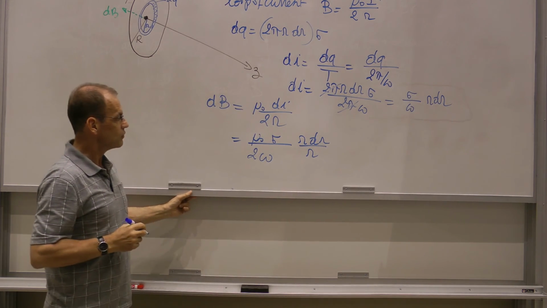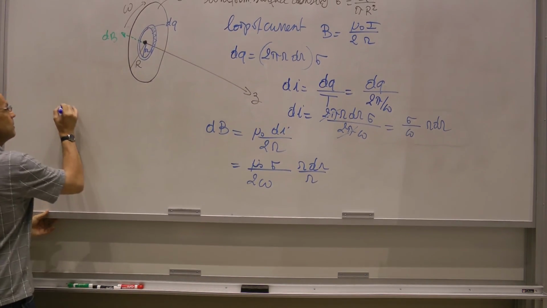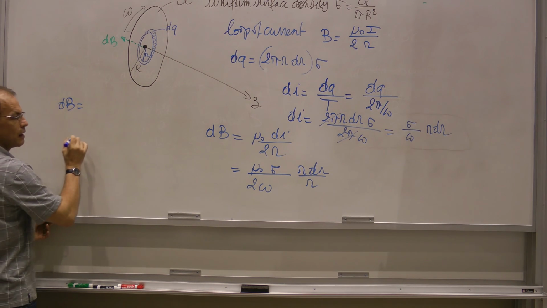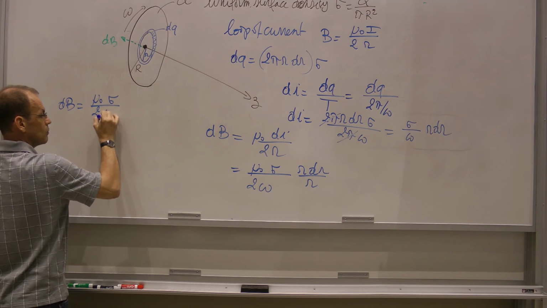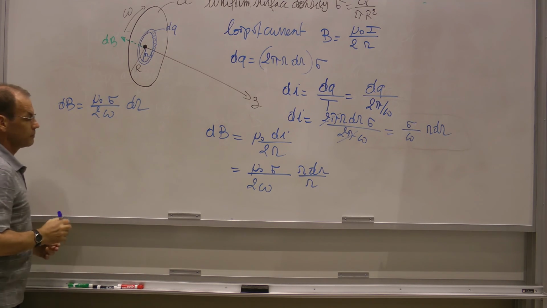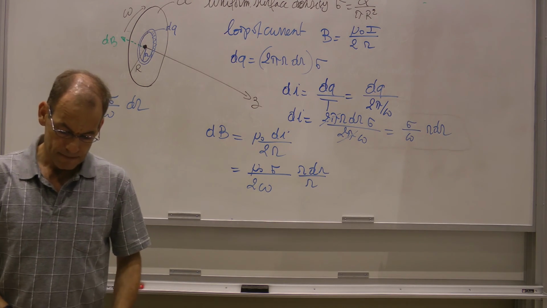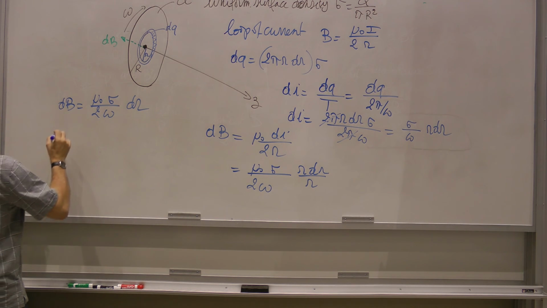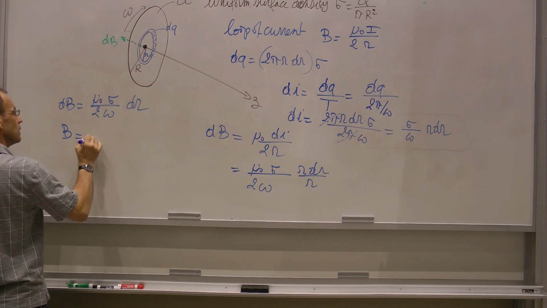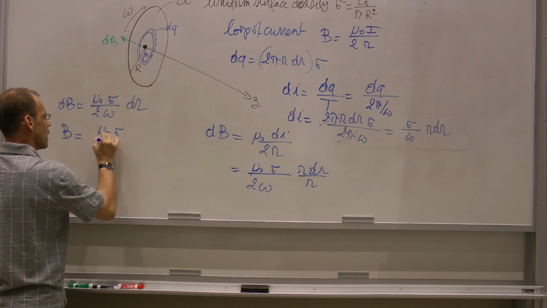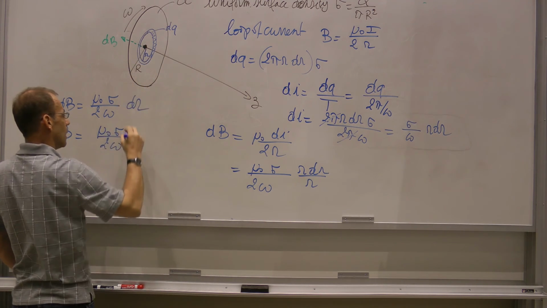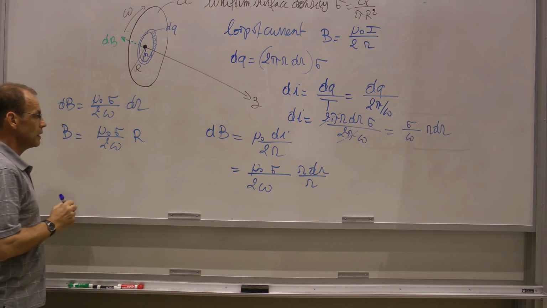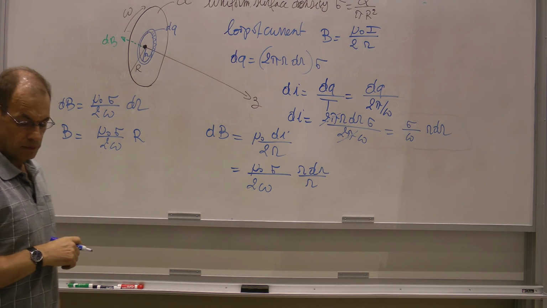Of course, the r cancels out, which gives us dB, very simply, equals mu 0 sigma omega over 2 dr. The integration is pretty straightforward. Of course, the net magnetic field is equal to mu 0 sigma omega over 2, integrating dr between the center and r, which is equal to simply big R.